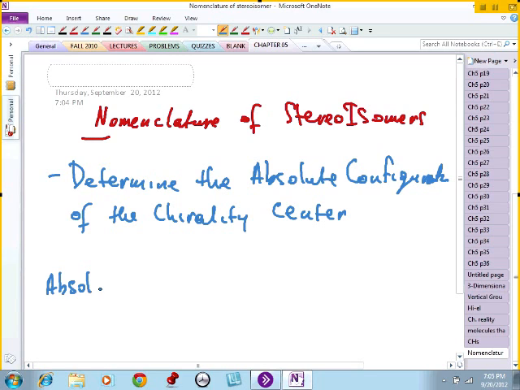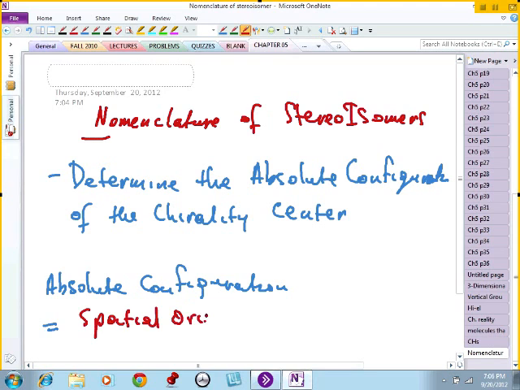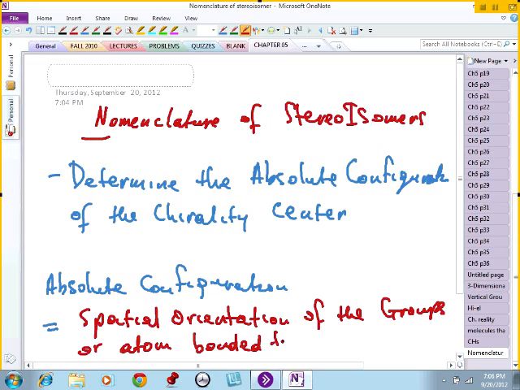Okay, absolute configuration equals the spatial arrangement, the spatial orientation of the groups or atoms bonded to the chirality center. That is what we mean by absolute configuration.